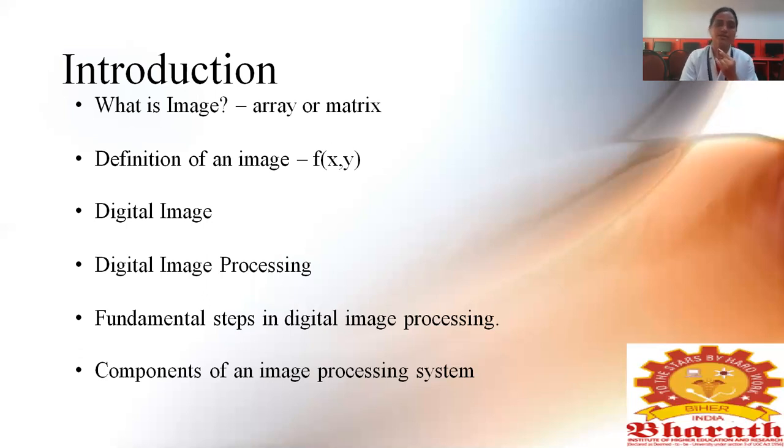And we'll go to digital image processing. In digital image processing the image will be manipulated. The image is given as an input to the digital system, that is our personal computer, and then it is processed to get a suitable image for our specific application. So the output also will be an image, but we are changing our original image into a suitable image for a particular application.